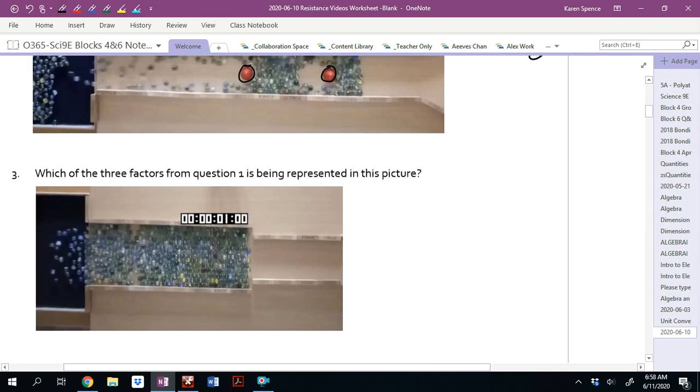Which of the three factors from question 1 is being represented in this picture? Well, if you imagine this was a wire, what we've done is we have increased the area, compared with a smaller area. When we talk about the area, we're really talking about either having a pinch point or not having a pinch point.